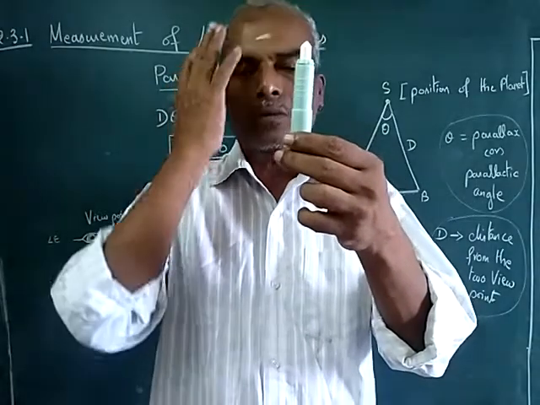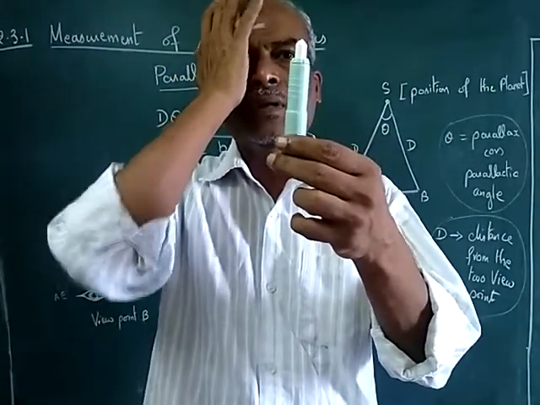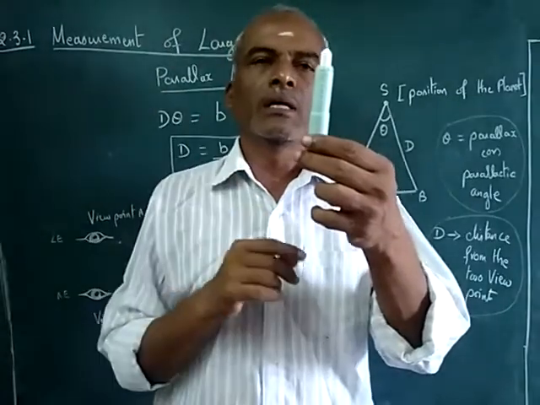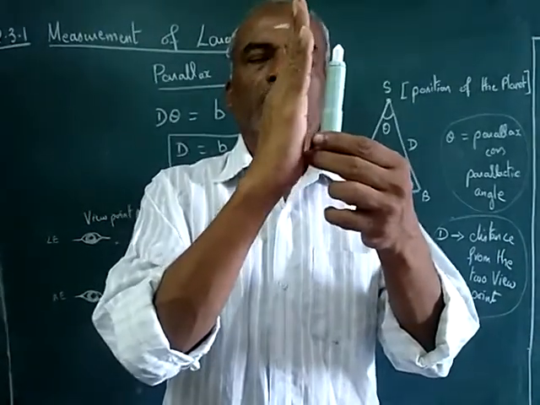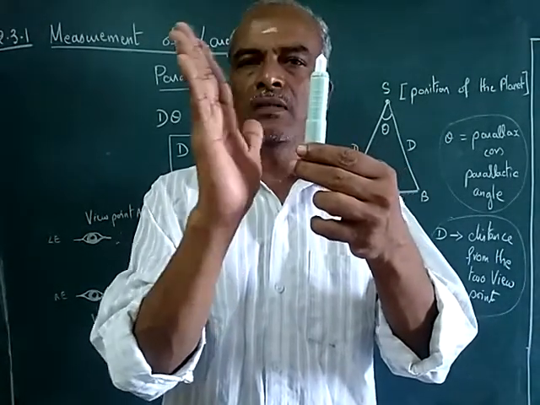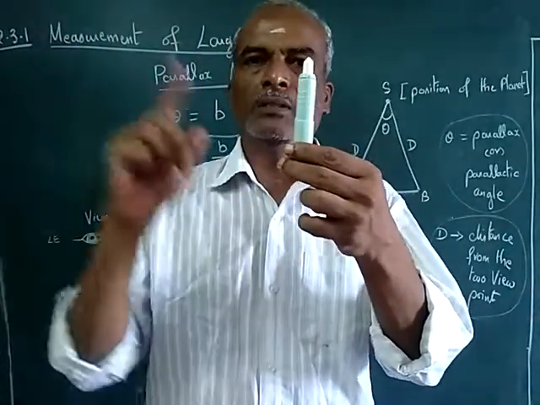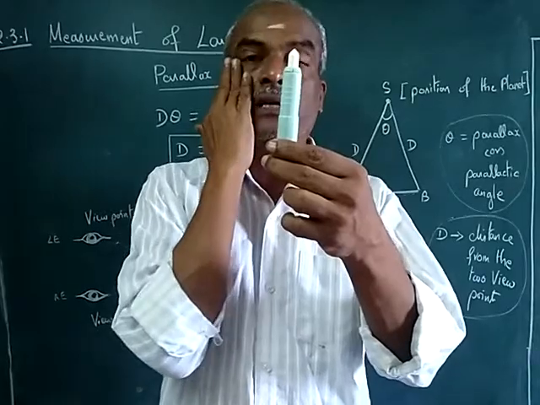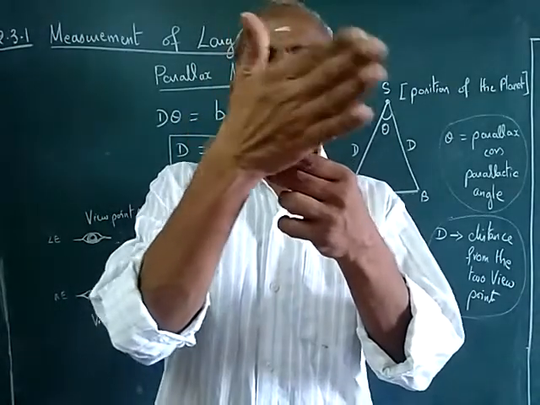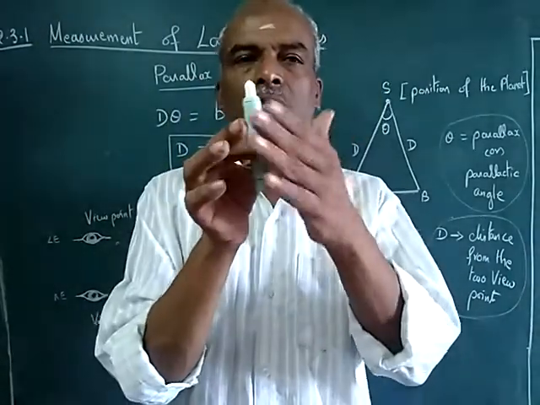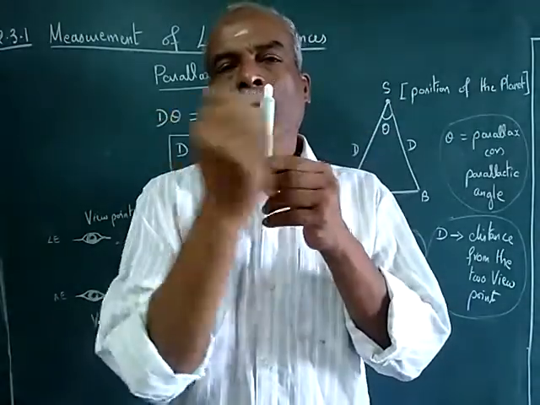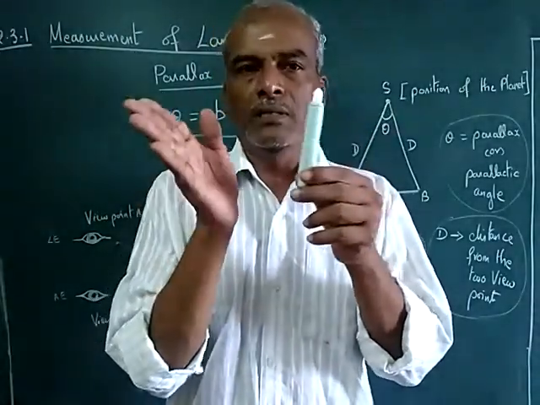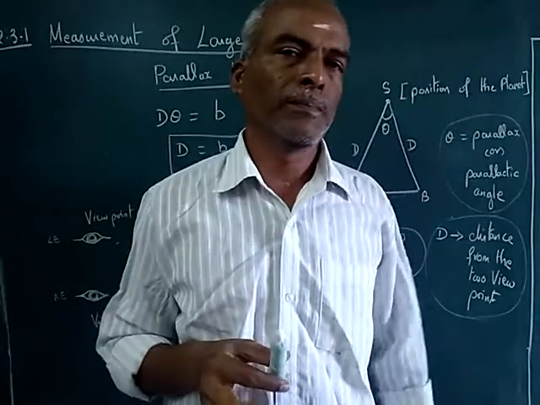But if I close my right eye and view from the left eye, this chalk piece has shifted this side. Similarly, if I close my left eye and view with the right eye, this object has shifted towards my left. So there is a shift from the original position.